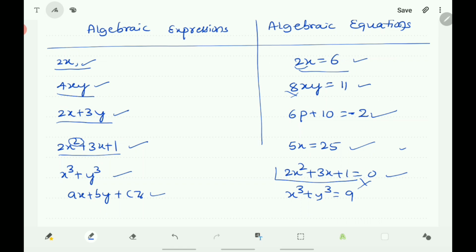Even though there is only one variable, the highest power of the variable is 2. So it is a quadratic equation. Next one, x cube plus y cube equals 9. Here it is not an equation with one variable, so you can't consider it a linear equation.